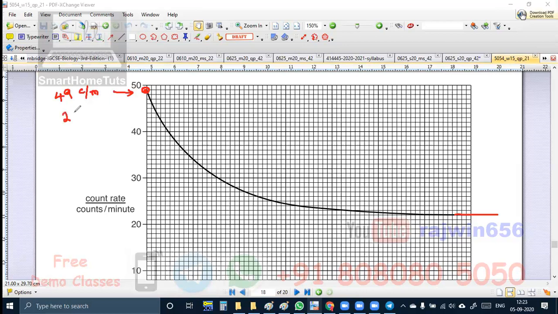So if I subtract background radiation, it gives me the count rate due to the radioactive substance. This value is 27 counts per minute. That is the answer for this part of the question. So 27 counts per minute is the count rate due to the radioactive substance only.